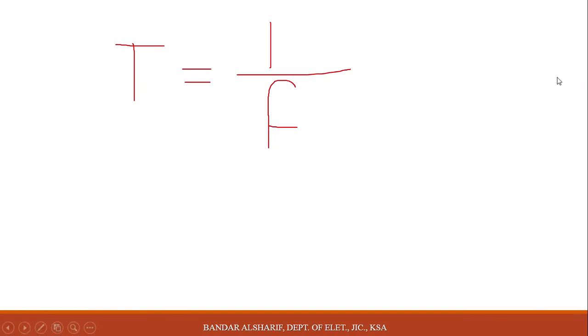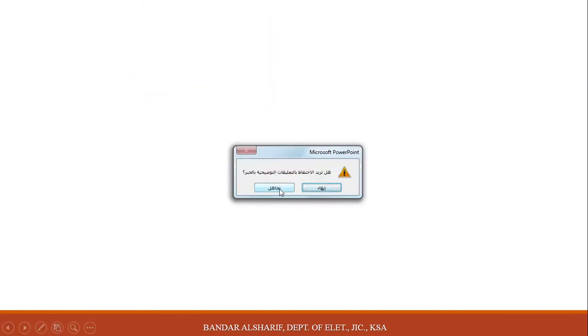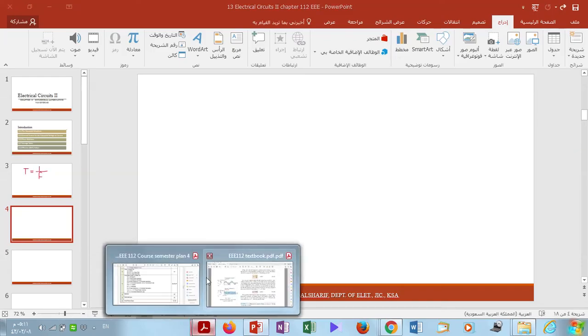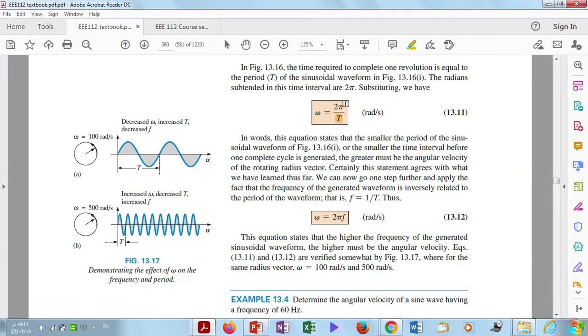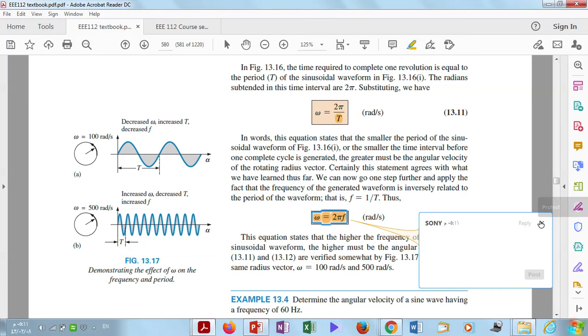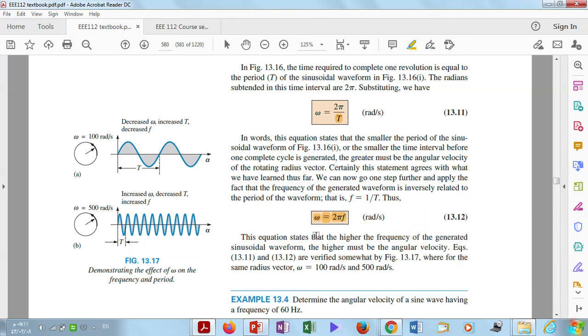Okay, go back to the book. We say the opposite, 1 over T equals f, this means we can write the formula omega equals 2 pi over T, or 2 pi f. It's a very important formula: omega equals 2 pi f.